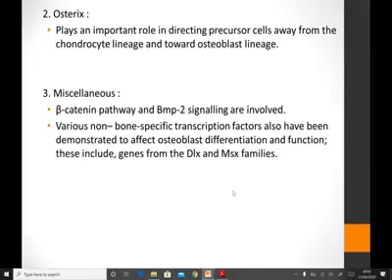Then we have other transcription factors like the beta catenin pathway and BMP2 signaling molecules that are involved in the differentiation of an osteoblast from a pre-osteoblast. Then we have various bone specific transcription factors that have also been demonstrated to affect the differentiation of an osteoblast and also the function of an osteoblast, and these include the DLX families and the genes from the MSX families.